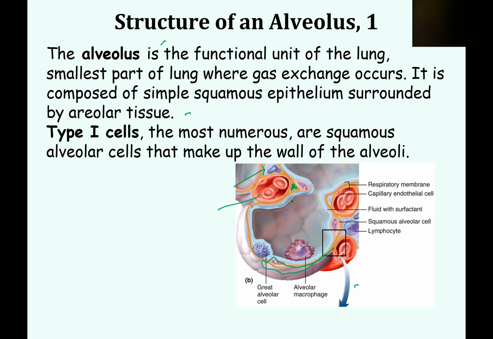Looking into the alveolus, you can see the outline of the cells and the nuclei. So they're the most numerous. Notice you have an opening right here, so they're not completely isolated from each other.